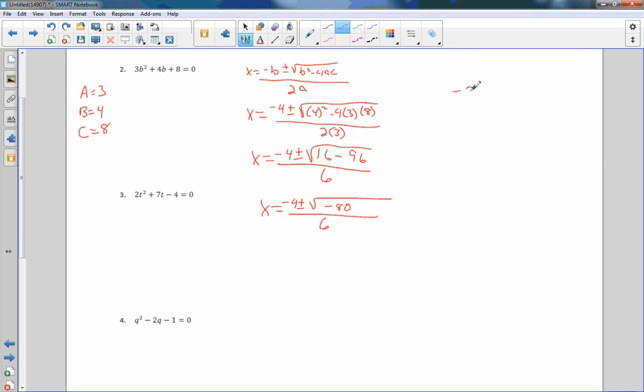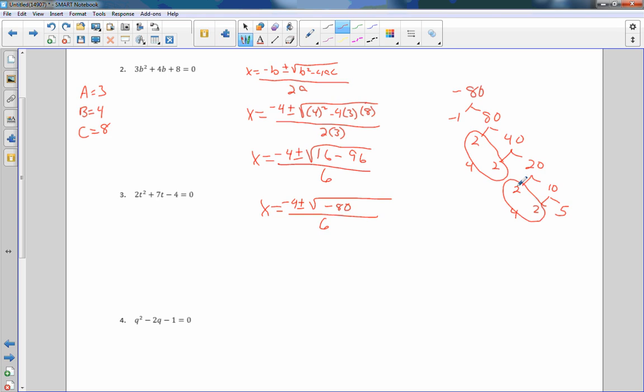I'm going to simplify negative 80. It's negative 1 times 80, 2 times 40, 2 times 20, 2 times 10, 2 times 5. I have a pair of 2's here. I have a pair of 2's here. 2 times 2 is 4. 2 times 2 is 4.